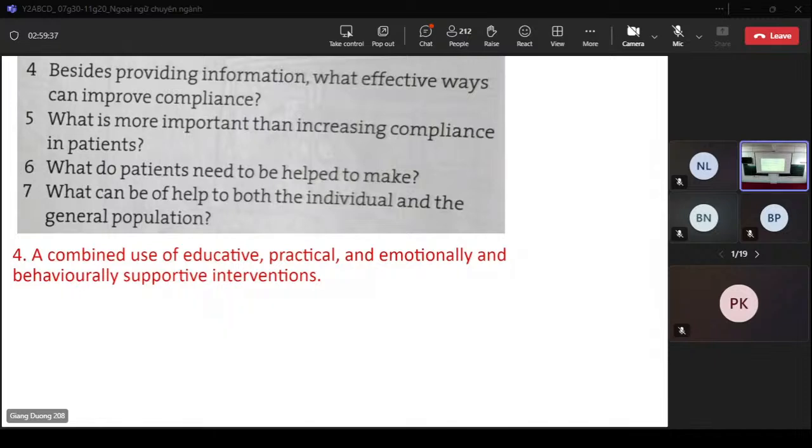Question number 5. What is more important than increasing compliance in patients? More important. The word important appears in the second last paragraph.